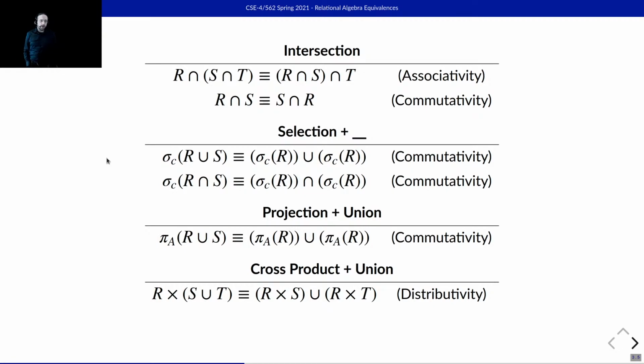Projection can be pushed down through union. Again, it does not matter whether you apply the projection before or after the union. And cross product distributes over union. So just like addition and multiplication, cross product distributes over union.